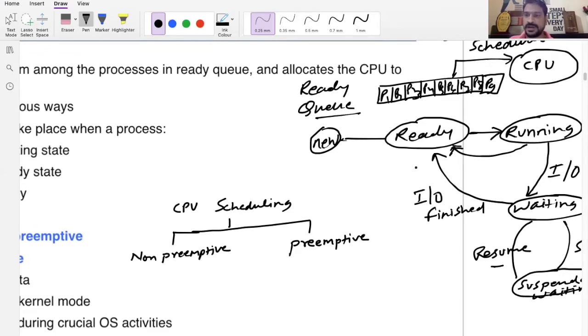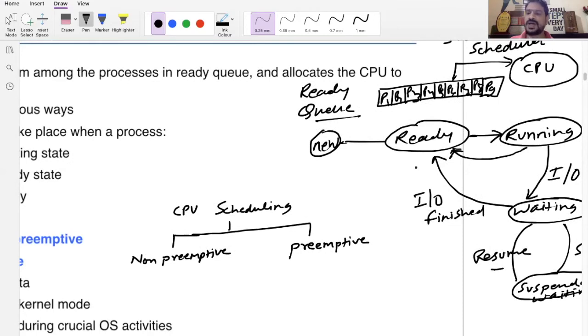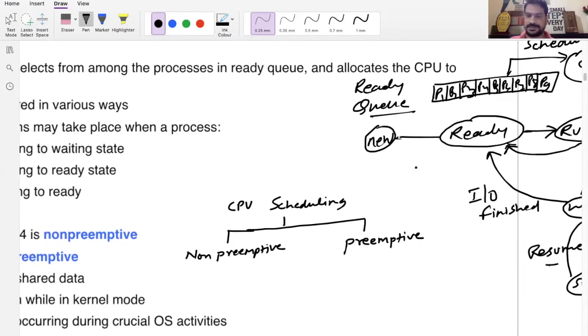So I think you get it. If we forcefully deallocate the CPU from any process and put it into the ready state, that is preemptive scheduling.